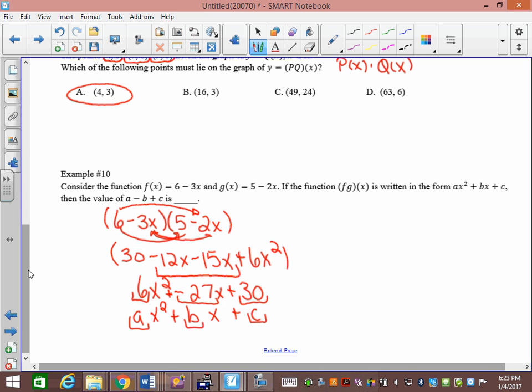So it's going to be a minus b plus c. A is 6 minus b, which is -27, plus c, which is 30. So we're going to get 6 plus 27 plus 30, which equals 63.